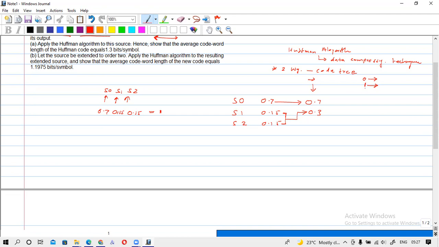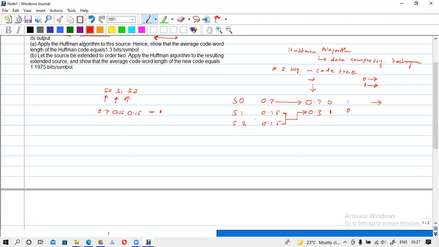For one probability you assign 0, and for the other you assign 1. Correct? The normal way is that for higher probabilities we assign 0, and for lower probabilities we assign 1. This is the normal way, but you can also assign 1 and 0. No problem. If you assign 1 and 0, your code word will be changed.